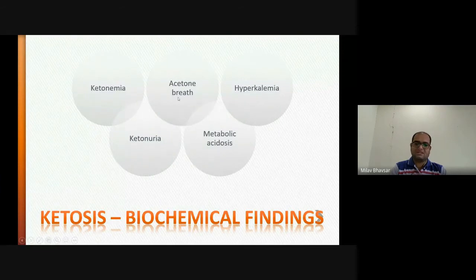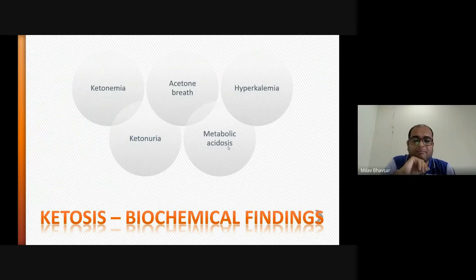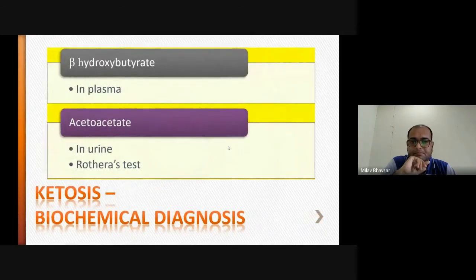Because acetoacetate is generated in too much amount, it creates an acetone breath. Too much potassium will be there, ketone bodies will be coming out in the urine, and because ketone bodies are acidic in nature, it can cause metabolic acidosis.